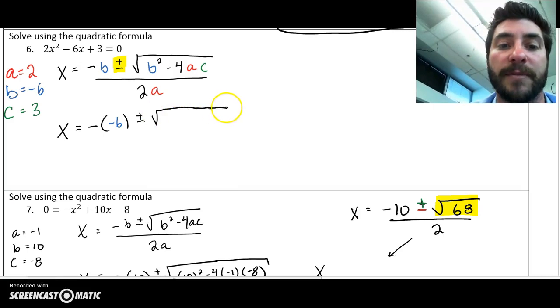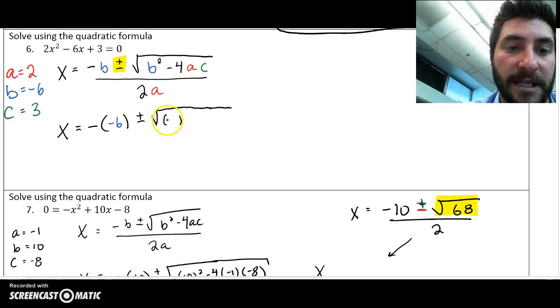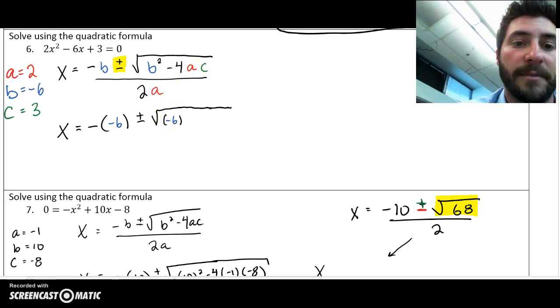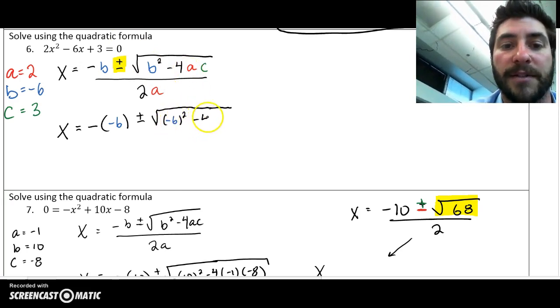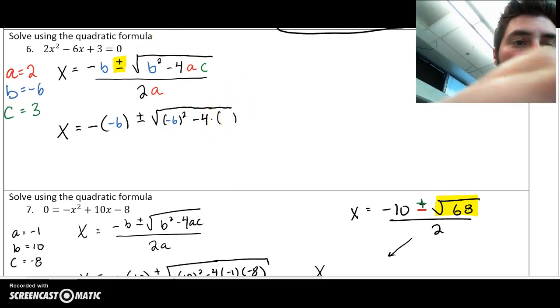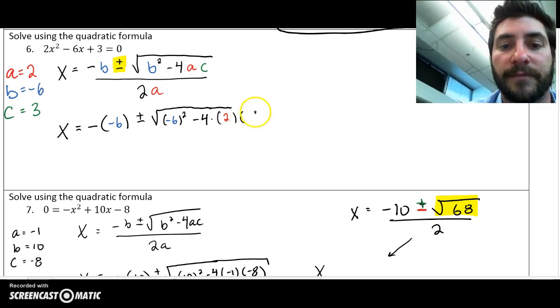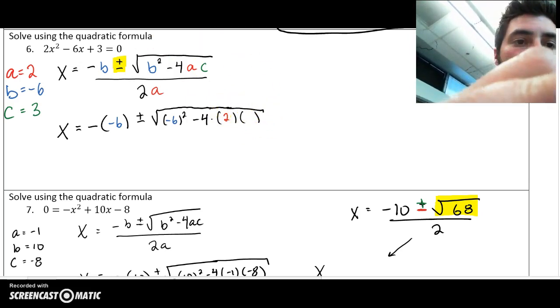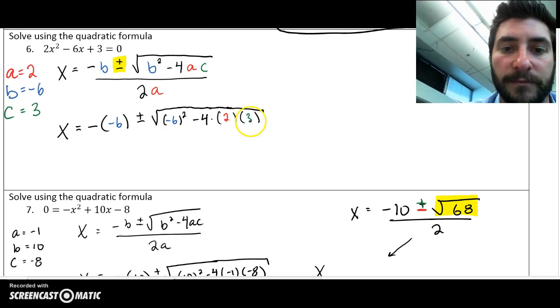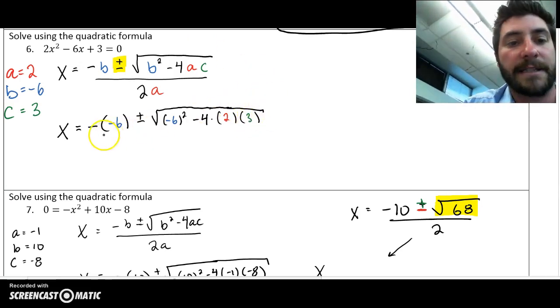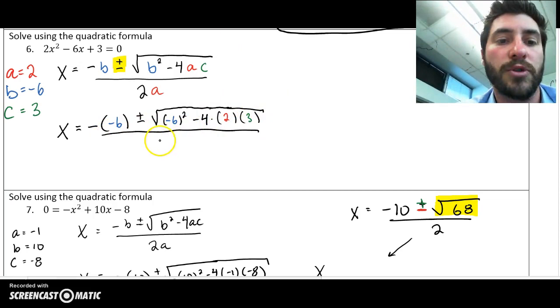Plus or minus the square root of b squared. So b is negative 6. b squared minus 4 times a, which is 2, times c, which is 3. And all of that is divided by 2 times a.